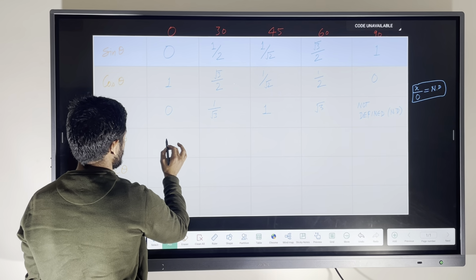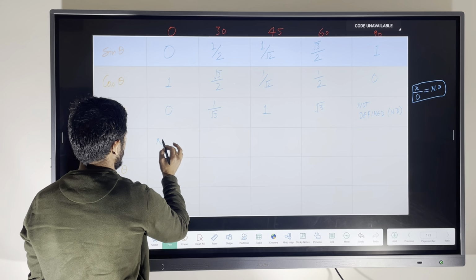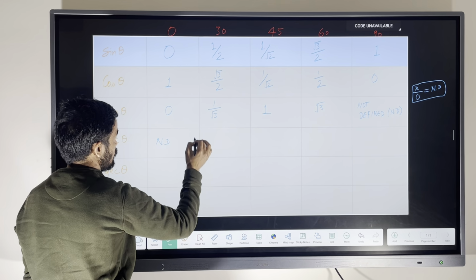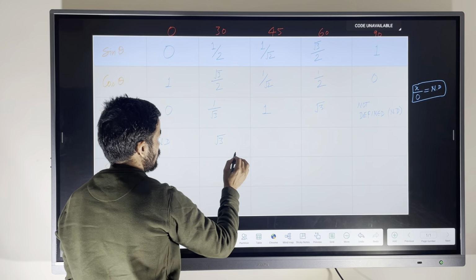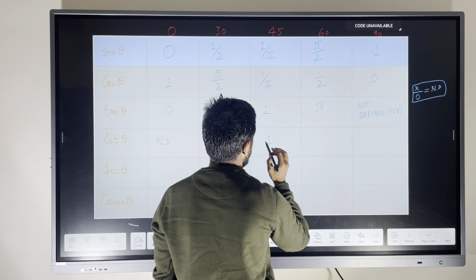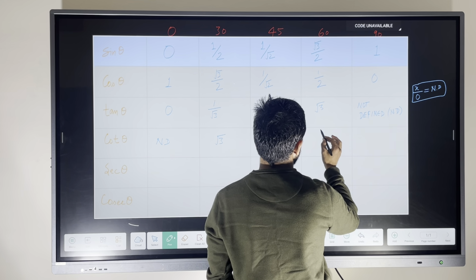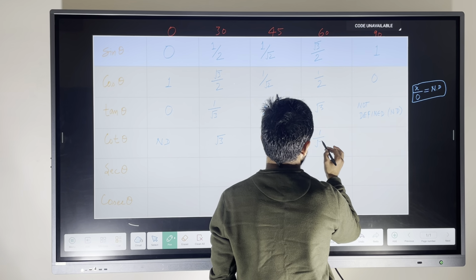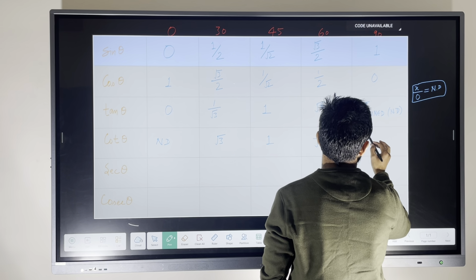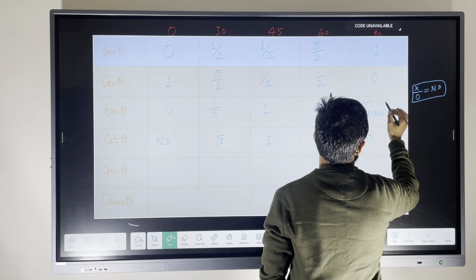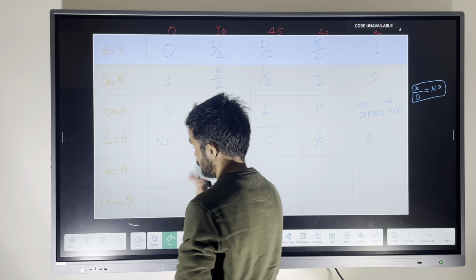Tan. 1 upon 0, that is not defined. 1 upon root 3 will be root 3. 1 upon 1 will be 1. 1 upon root 3 will be root 3, and 1 upon not defined will be 0. It is like infinite.